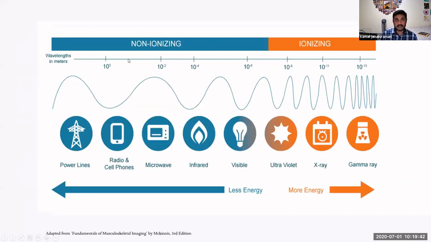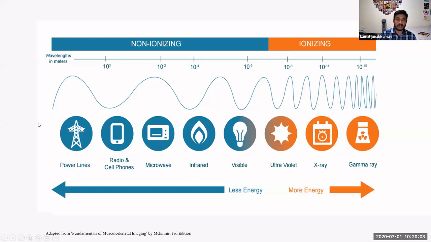Now, there is a classification into non-ionizing and ionizing radiation. In the non-ionizing radiation, we have the power lines, which you see everywhere, the radio and cell phones we use, the microwaves we use in the kitchen, the infrared lamps, the normal bulbs.